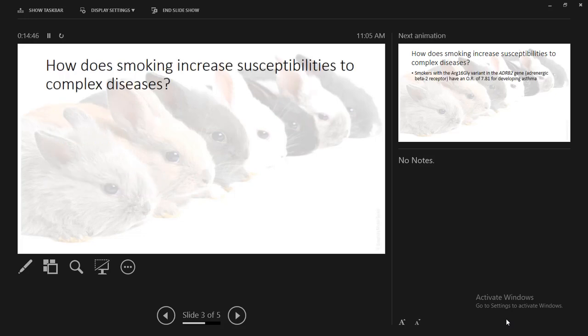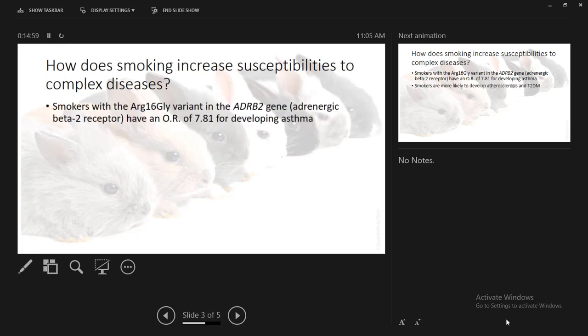We had this question before we ended on Monday, but we only got through one of the two slides dealing with this. How does smoking increase susceptibility to complex diseases? I think there are three more. So we have a specific gene, the ADRB2 gene, and at the 16th glycine in the protein, we have a missense mutation that will switch that glycine out for an arginine.